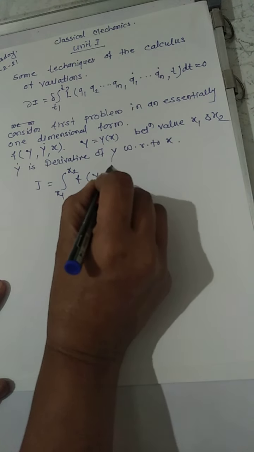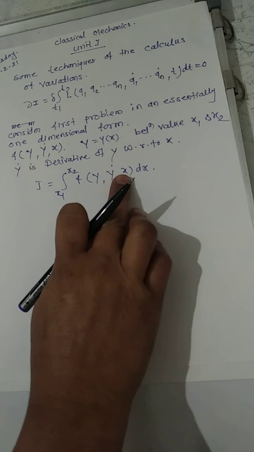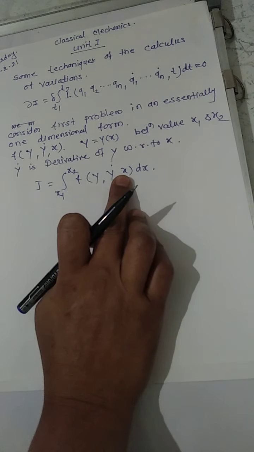The variable x here plays the role of the parameter t, because in the Hamiltonian equation we take t in place of x.